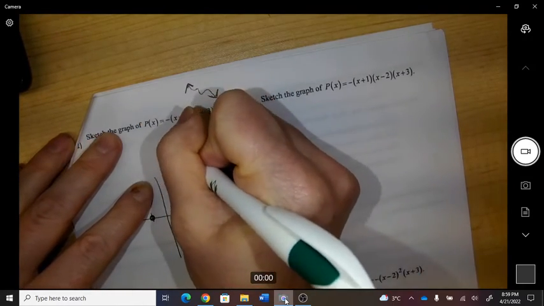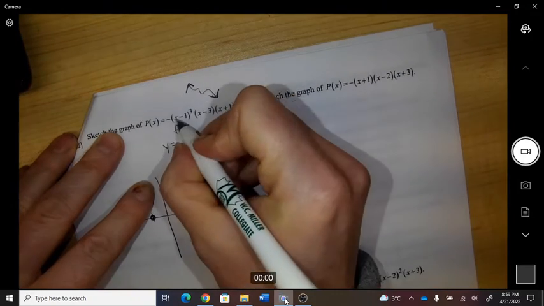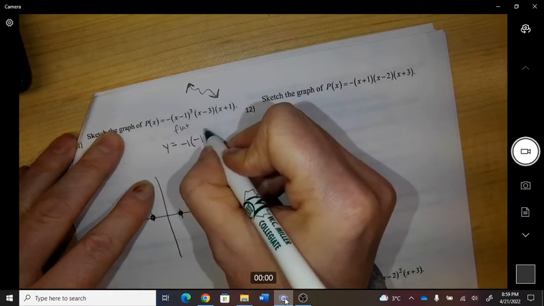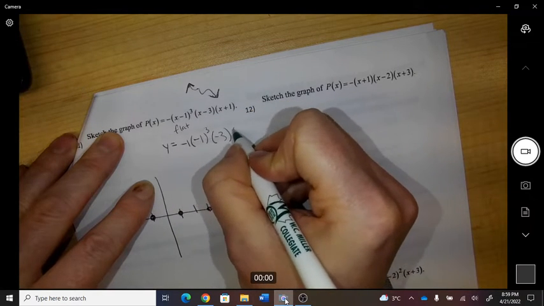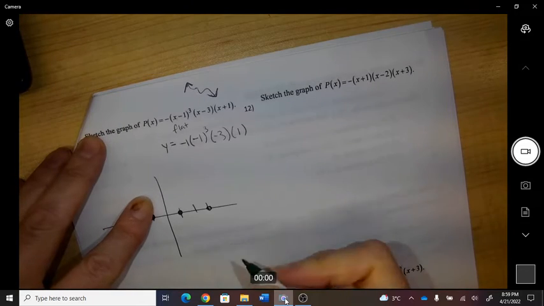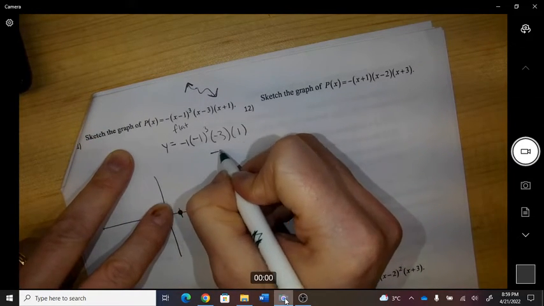So my y-intercept is -1 for that front coefficient. This bracket would be -1 cubed if this was 0. 0 minus 3, 0 plus 1. So the y-intercept comes out to be -3.